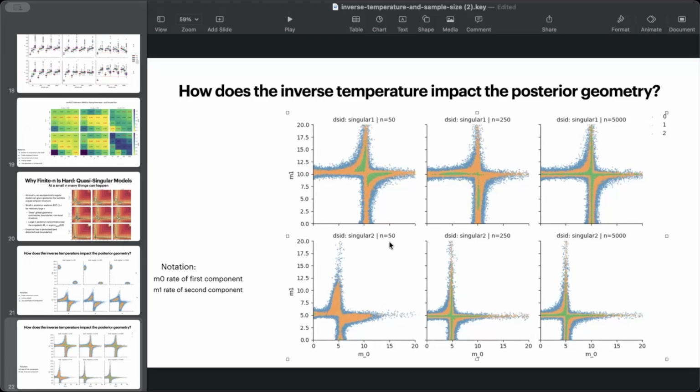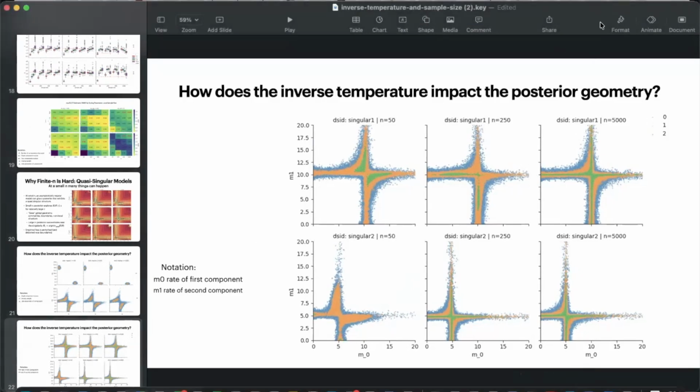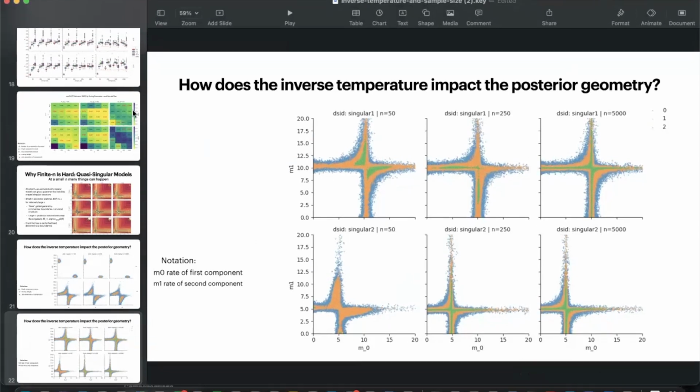Let's kind of wrap up. Would you mind just explaining? I'm still a little confused about how the temperature is being set here. Is it that you're taking n equals 5,000 and you're setting the inverse temperature to 1 over log 5,000, and in the two columns on the left-hand side, you're setting the temperature so that n times beta is equal to 5,000 over log 5,000?